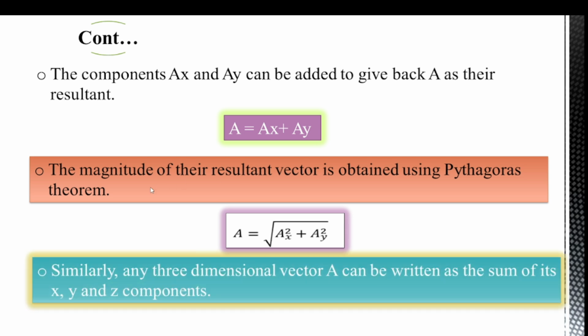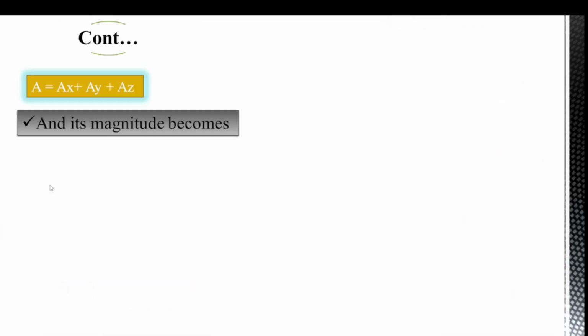Similarly, any three-dimensional vector A can be written as the sum of its x, y, and z components. Look here.